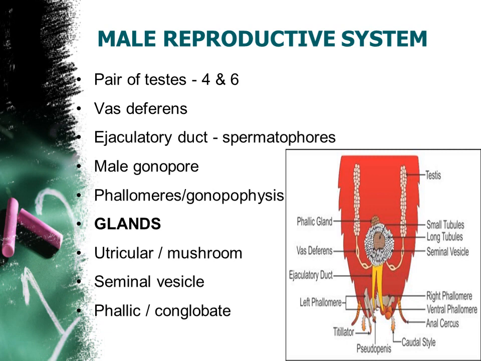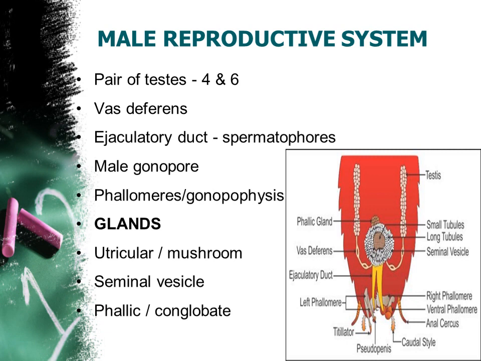Then both the vas deferens will open into a duct. The name of this duct is the ejaculatory duct. Can you watch in the figure? Marked in yellow color as the ejaculatory duct, right? So the vas deferens will open into this ejaculatory duct.